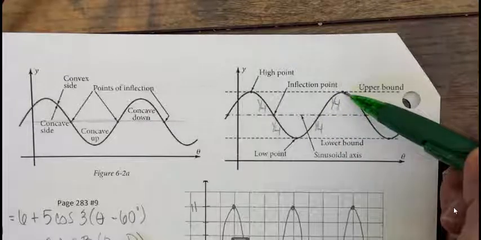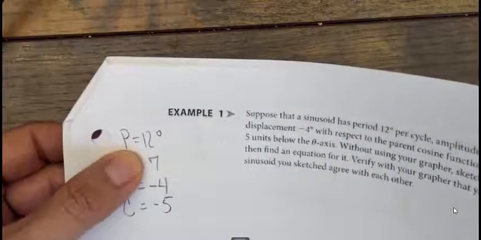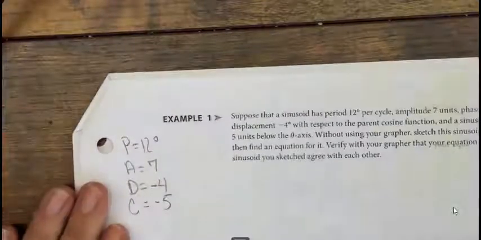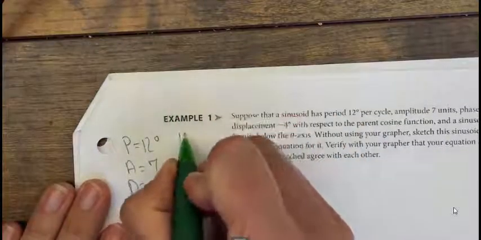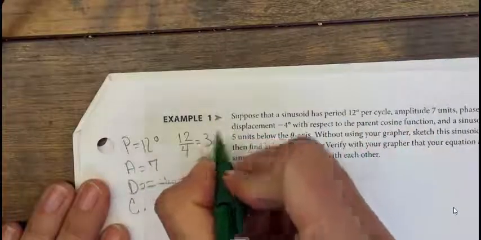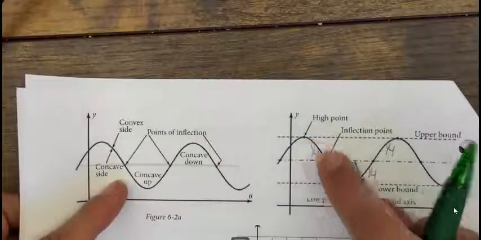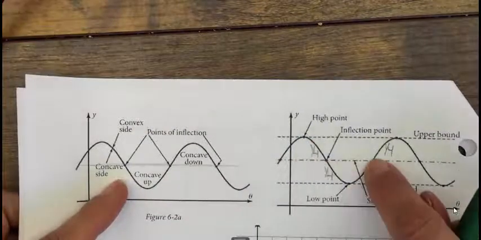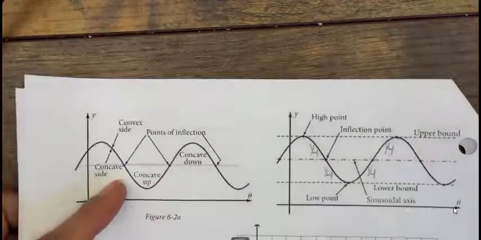So we have to take our period and divide it up into quarters. Well, that's really easy. If this period lasts for 12 degrees, then I'm going to take 12 and divide it up into quarters, which means every 3 degrees I should either be at a high point, a midline, a low point, a midline, or a high point.